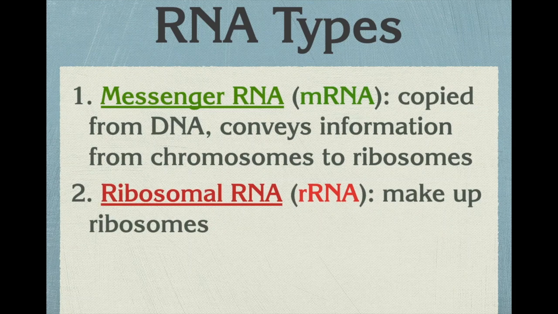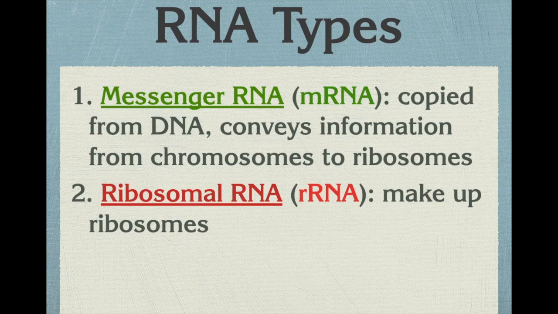The second type is the rRNA, known as ribosomal RNA. Ribosomes are actually made up of RNA. This is kind of like the train station. This is where the mRNA, the single train that copied from the DNA, comes in.